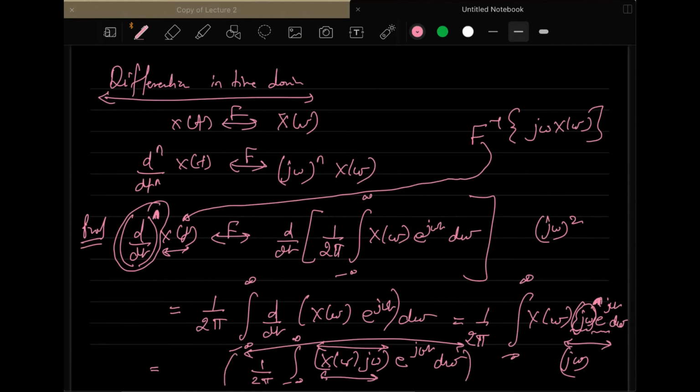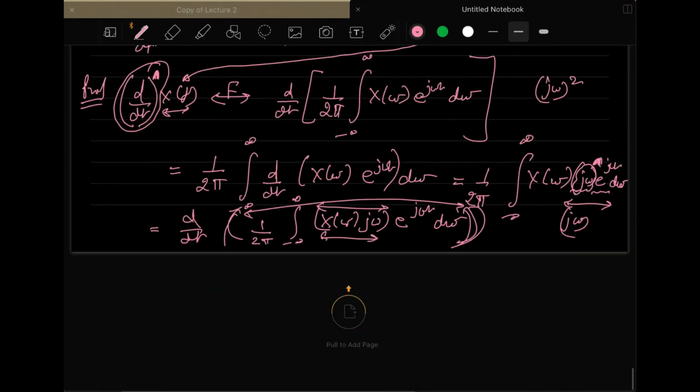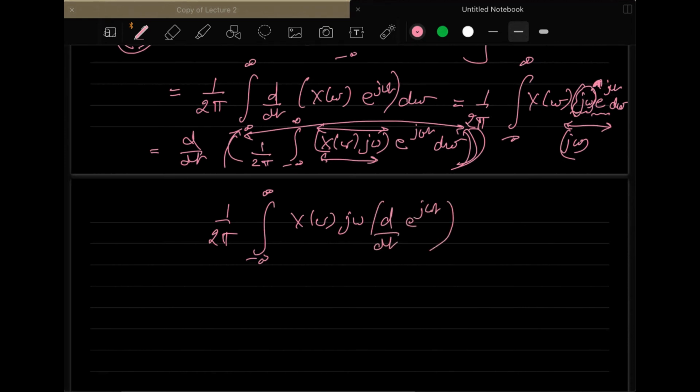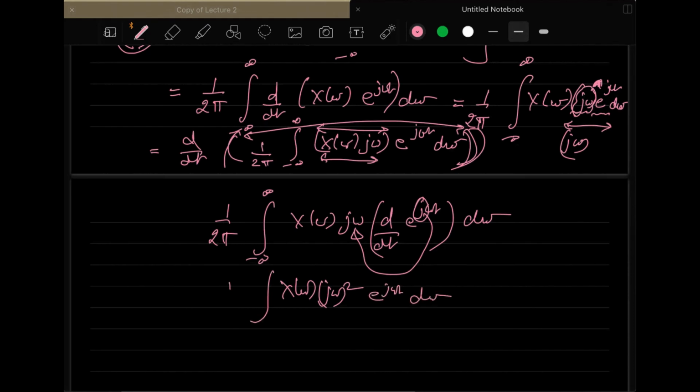If you take the derivative again for this expression, you can easily move the factor inside, and then you take the d by dt of e to the power j omega t, and then d omega. So again this factor will come out, and it will become X of omega j omega squared, e to the power j omega t d omega, 1 over 2 pi, minus infinity to infinity.